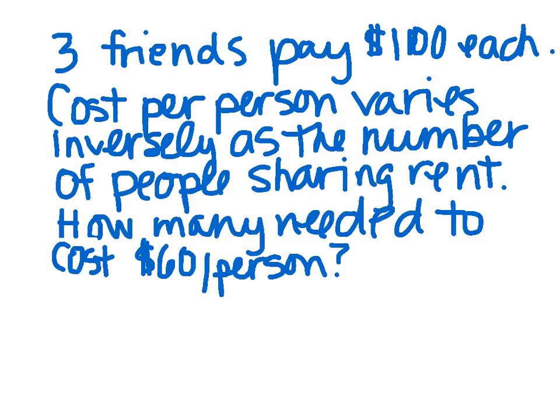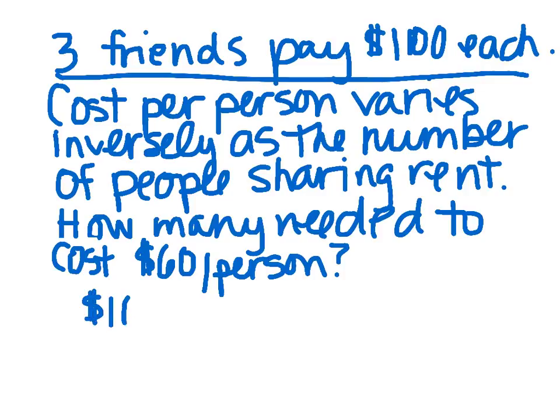So we know the cost per person varies inversely as the number of people sharing it. So in our given statement, the cost per person is $100, varies inversely as the people sharing the rent. So cost varies inversely as people. Friends are people. 100 times 3.